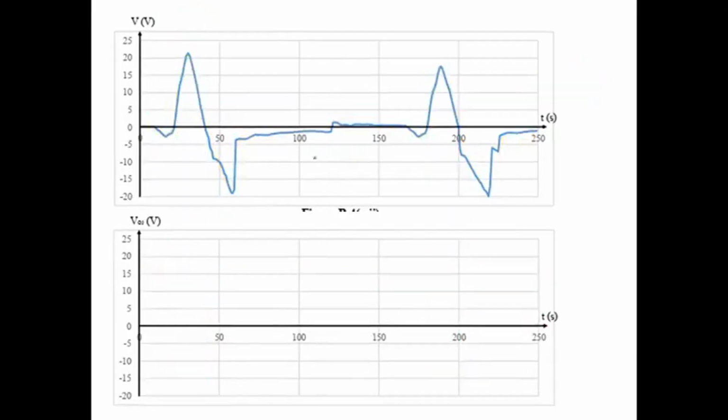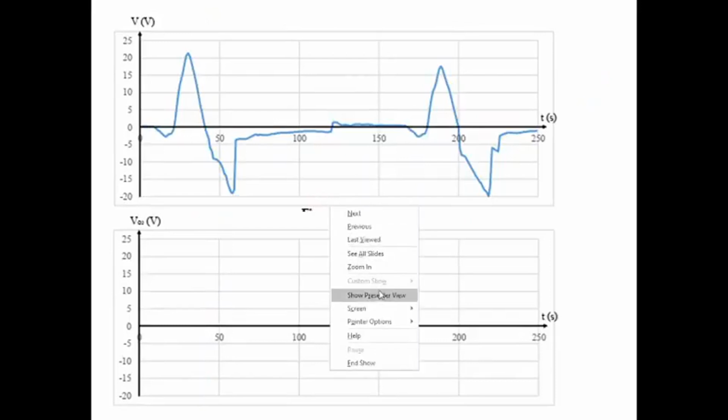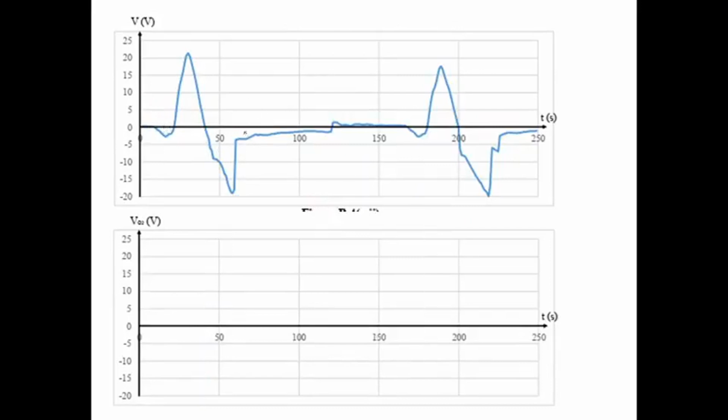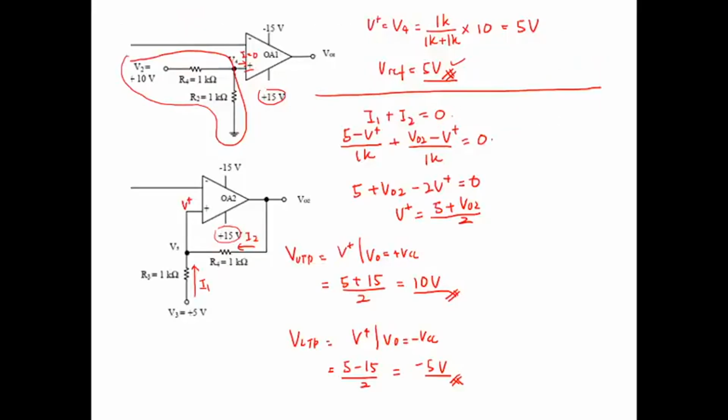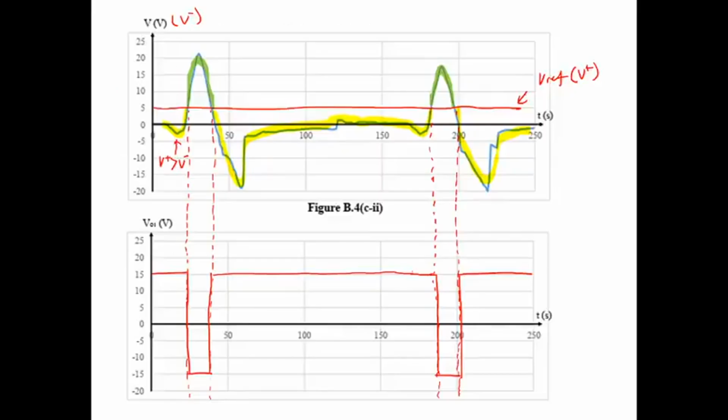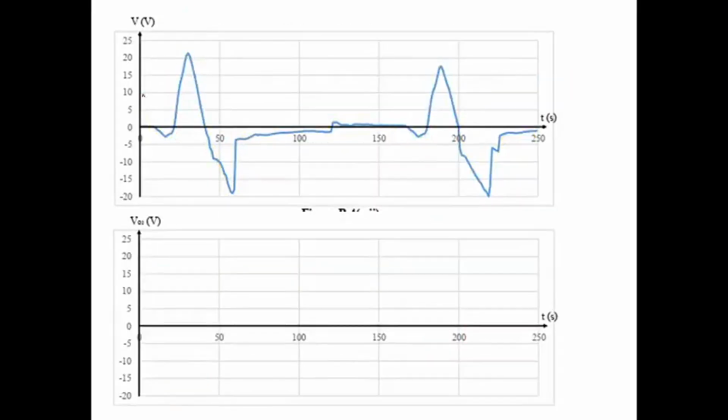For op-amp 2, it is a Schmitt trigger, so you need to draw the VUTP and VLTP. We have calculated VUTP as 10 volt and VLTP as minus 5 volt.